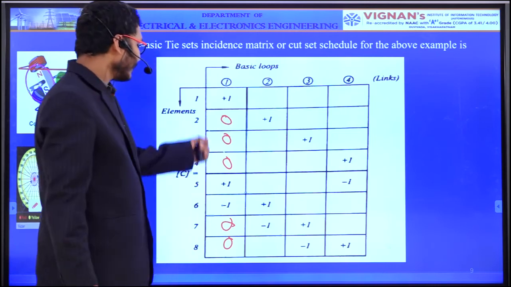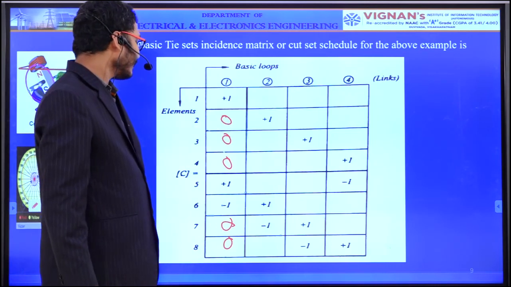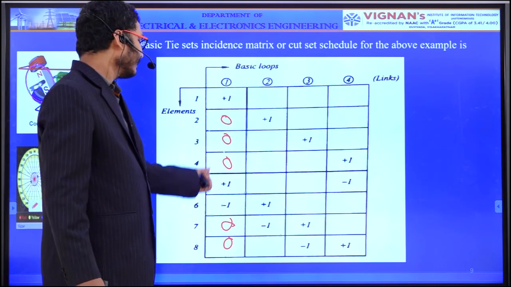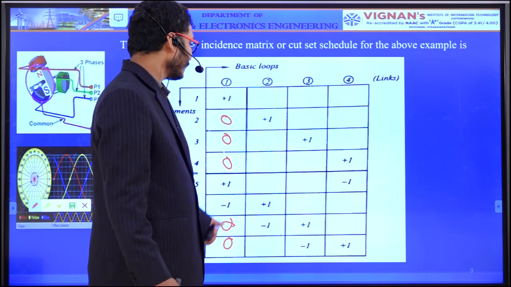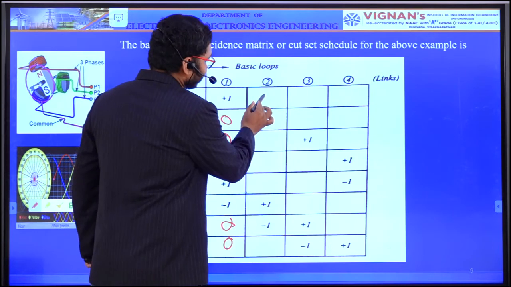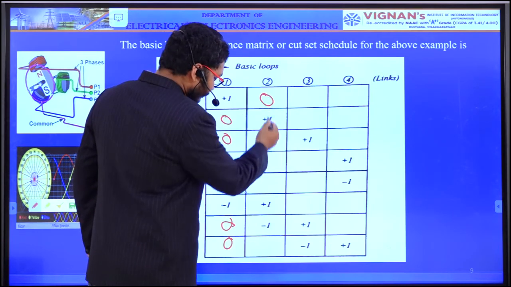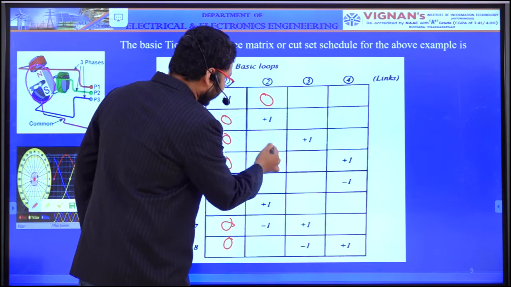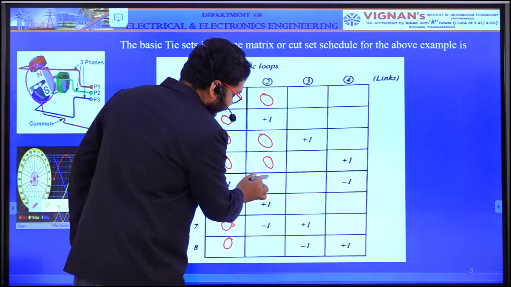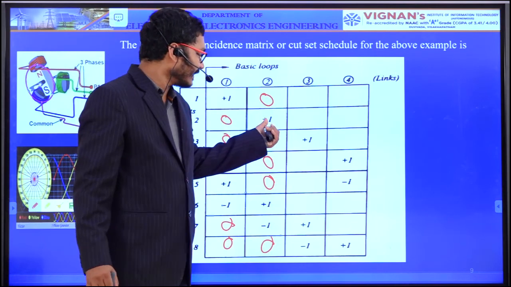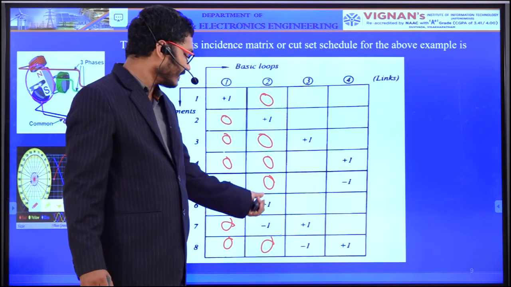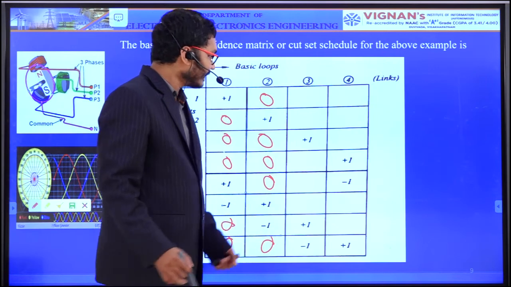Branch 1 and 5 direction is the same as the tie set, that's why we represent plus 1; otherwise it is minus 1. For tie set 2, branches 1, 6, 7 are associated, and the remaining are all zeros. When the tie set direction is the same as the branch direction, take it as plus 1, otherwise take it as minus 1.